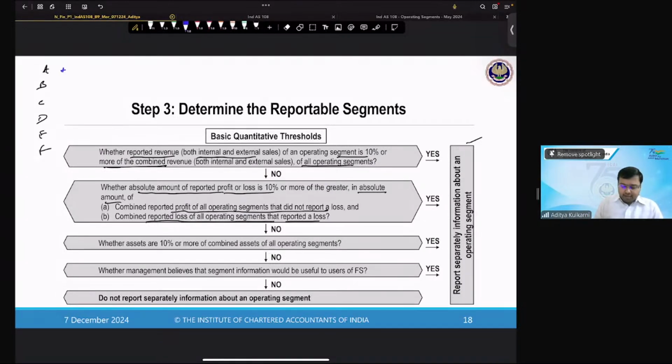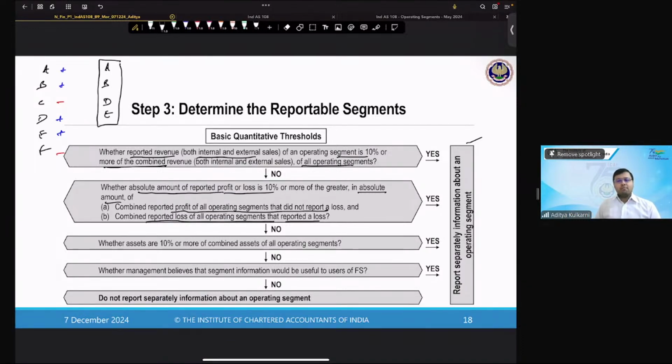A is profitable, B is profitable, D is profitable, E is profitable, C and F are loss-making. Now, when I have to do a profitability assessment of 10%, I cannot aggregate all of them and then decide the profitability of 10%. What the standard says is A, B, D, E: look at the total profit of this.